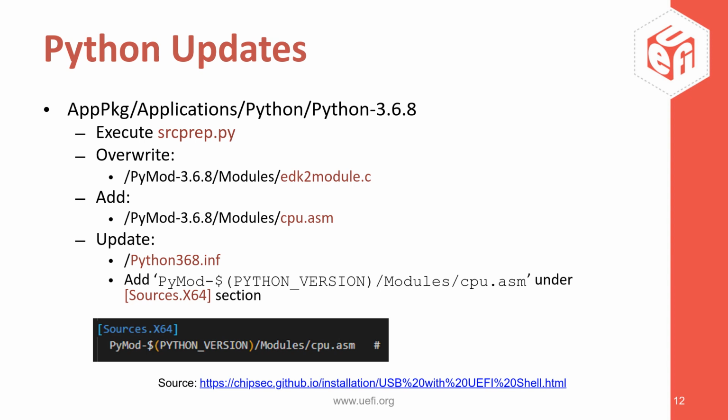Second, drop in the CPU ASM into the modules folder. And last, modify the Python 368 INF file and add this line so that the CPU ASM gets built. You're going to need that.